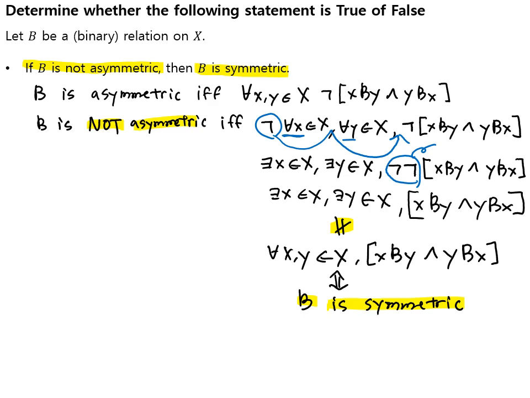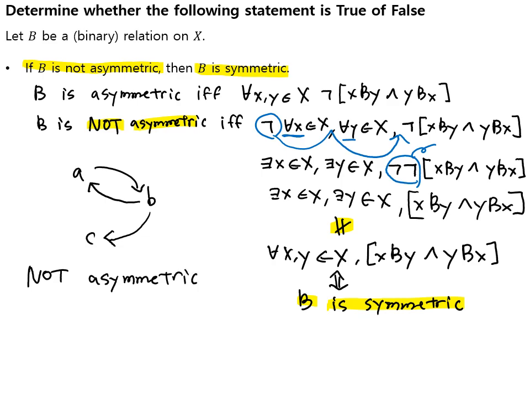So here is an example. A, B, C. You can see that this example is not asymmetric, because there exists a pair that are related to each other.